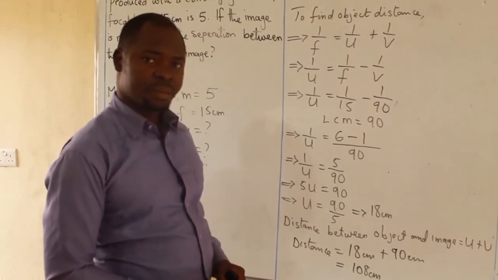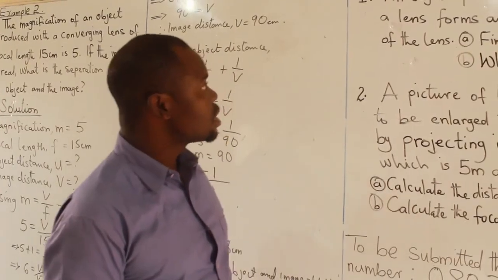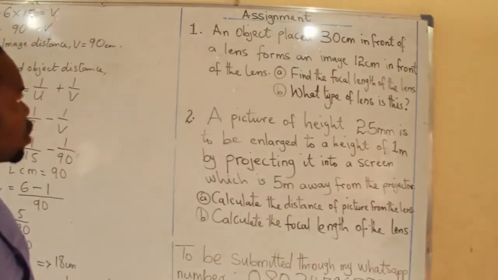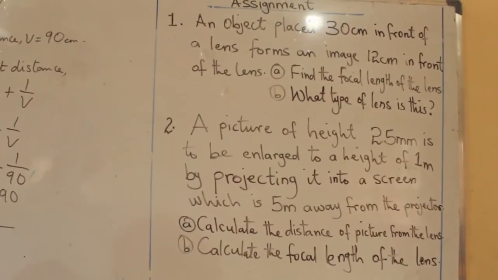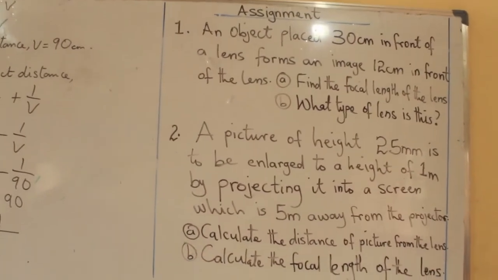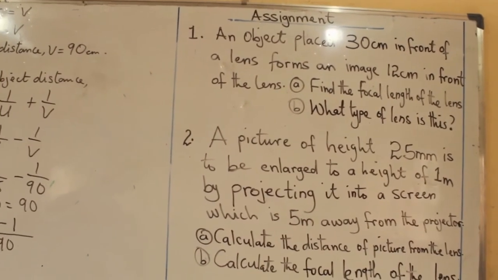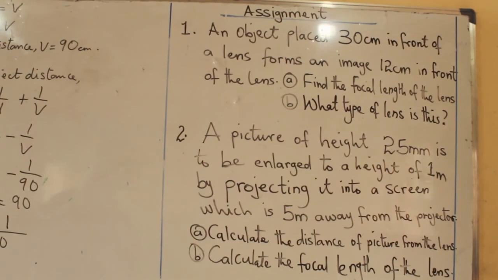Is that clear? All right, let's take the assignment for today. The first question is, an object placed 30 centimeters in front of a lens forms an image 12 centimeters in front of the lens. A. Find the focal length of the lens. B. What type of lens is this?